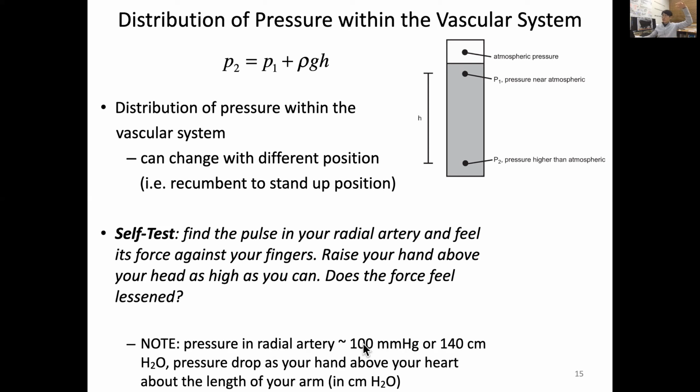Then the pressure difference is density, for water about 1,000 kilograms per cubic meter, times g, the gravitational constant 9.8 meters per square second, times h, the distance, about 1 meter, which turns out to be about 70 mmHg. So it can be a big change, and you may feel it through this self-test. So this is your radial artery.